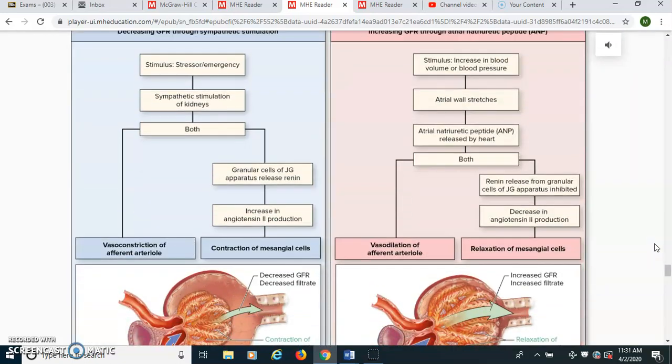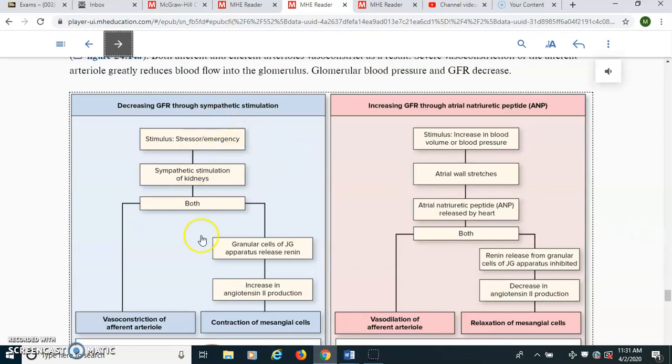Okay, so this is a nice little concept map to help you remember the role of the sympathetic nervous system in regulating the glomerular filtration rate. The sympathetic nervous system will help when, for example, a person has severe hemorrhaging and has lost a lot of blood volume.